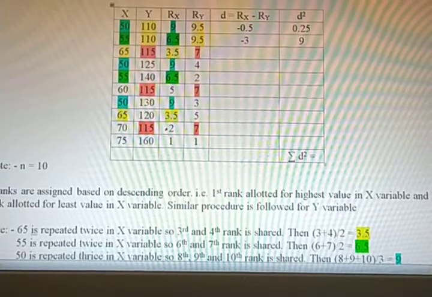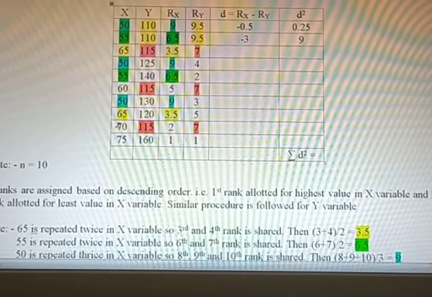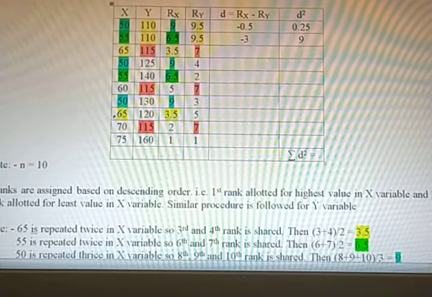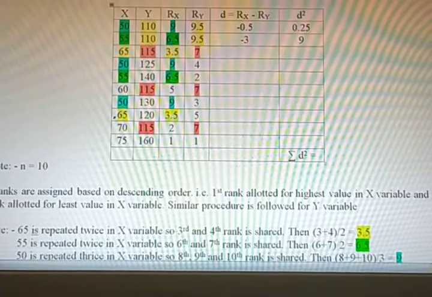In allotting ranking, there is one more concept to understand: what to do when values are repeated. The third highest value is 65, but 65 is repeated twice.